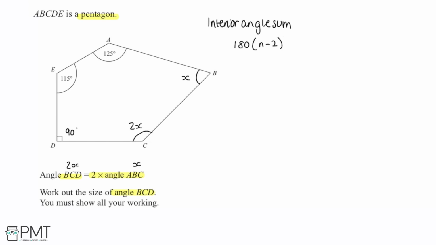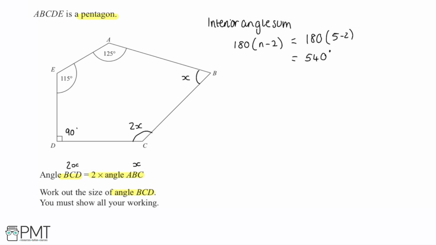That gives me the sum of the interior angles, where n is the number of sides of the shape. So we have 180 lots of n minus 2, and n, this is a pentagon, so it has 5 sides, minus 2. So 180 times 3 gives me 540 degrees for the sum of the interior angles.